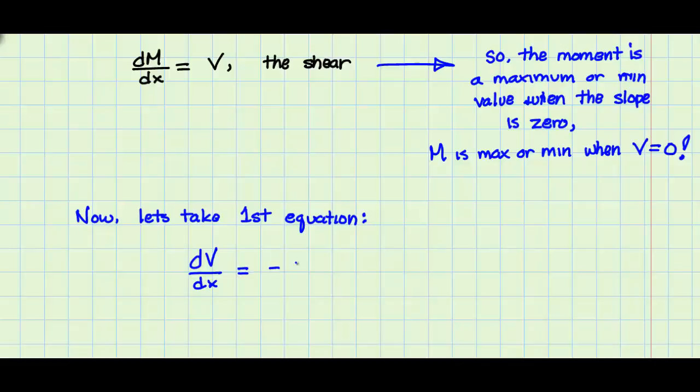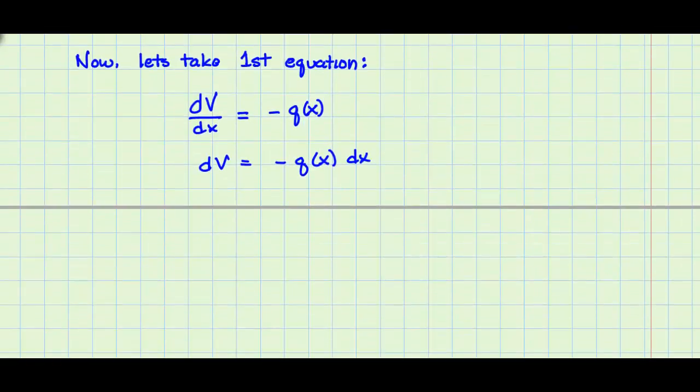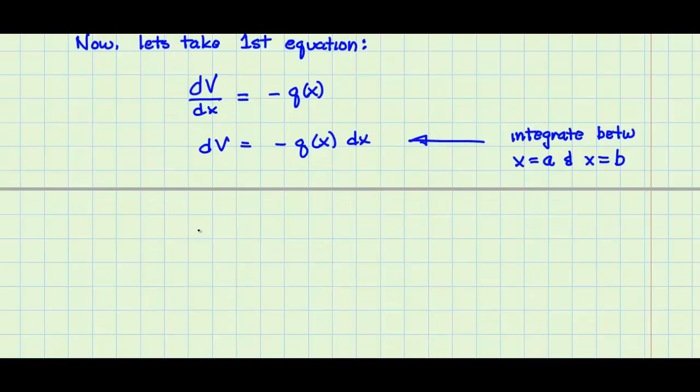Solving for the change in shear, dV, it's equal to minus q of x times dx. Let's integrate both sides of that equation between 2 points on the shear diagram, say from x equals a to x equals b.